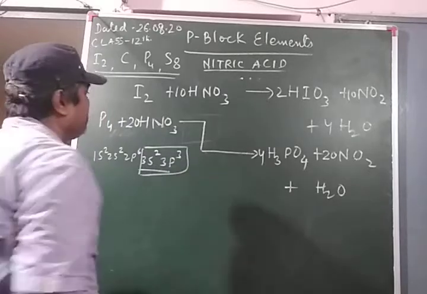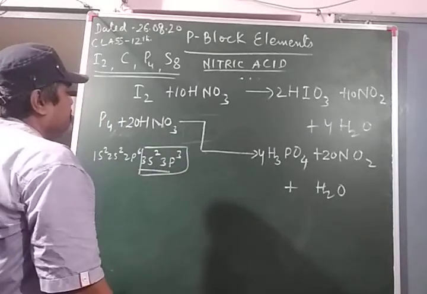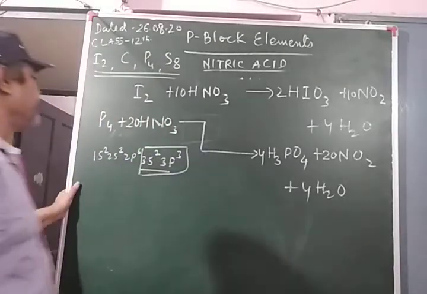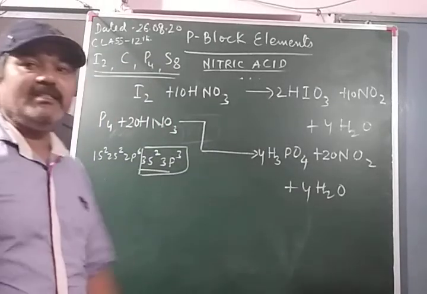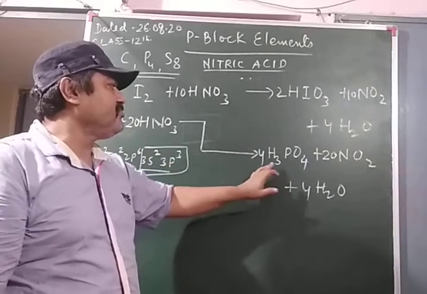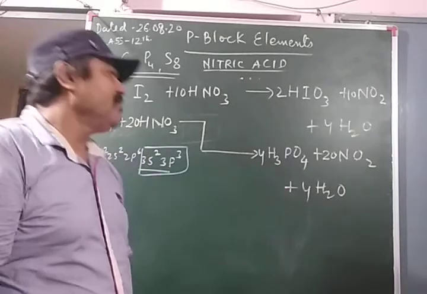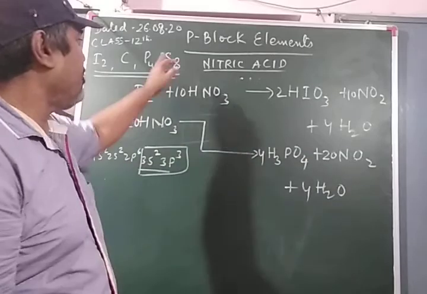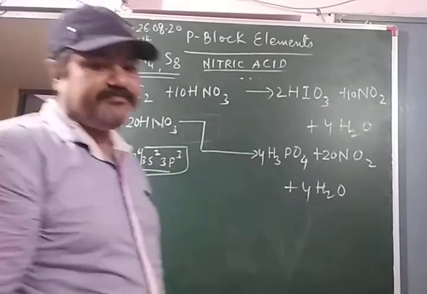Hydrogen is consumed here, so only 8 hydrogen is to be balanced, so this is 4H2O. So this will be the reaction of phosphorus with HNO3: P4 plus 20 HNO3 equals 4 H3PO4 plus 20 NO2 plus 4H2O. Now we will discuss sulfur.